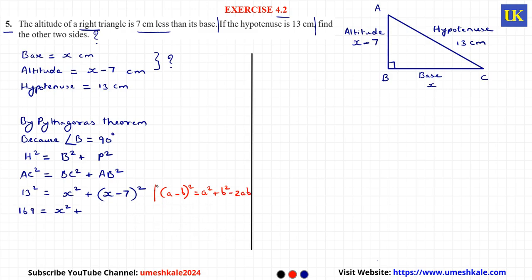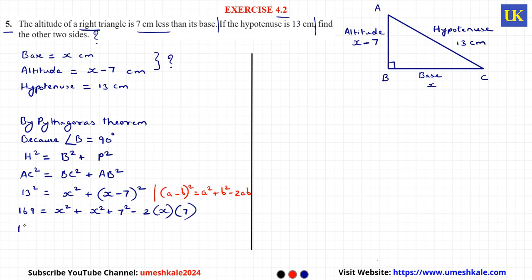So this formula we can apply here. This will become x square plus 7 square, where this is A and this is B, then the formula is 2 into x into 7.